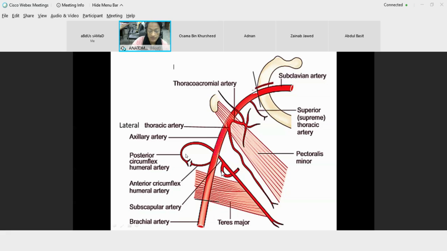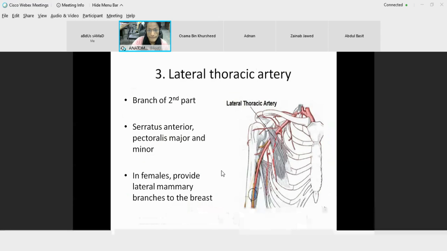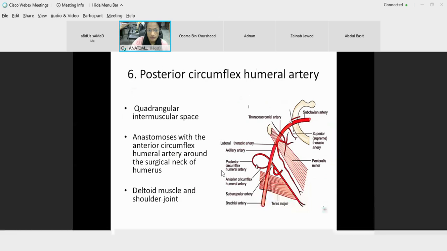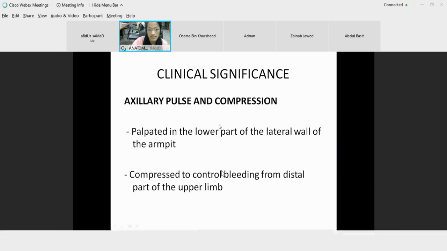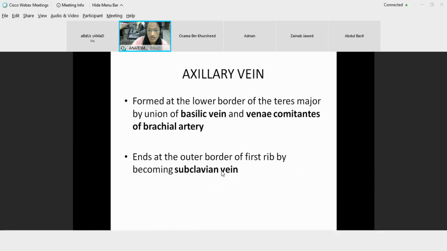From the third part of axillary artery, this anterior circumflex artery winds in front of the surgical neck of humerus, and posterior circumflex winds around posterior aspect of surgical neck of humerus, and both these anastomose with each other. Clinical significance is axillary pulsation and compression of it to stop bleeding.